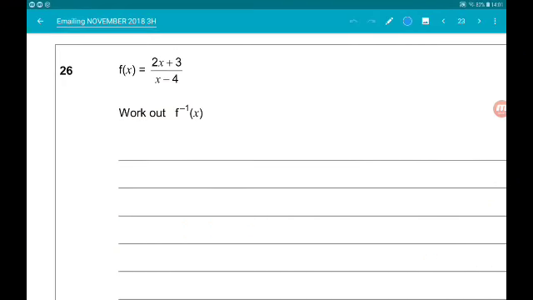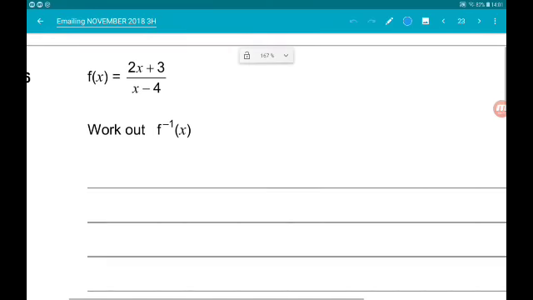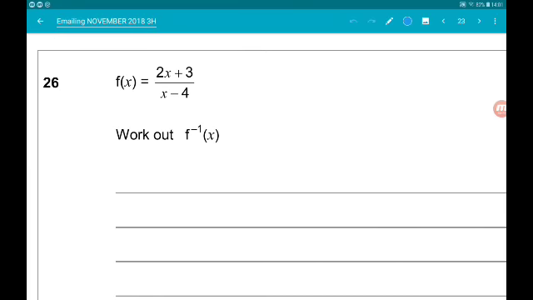Cool. Okay, 26, we've got a mix of functions and rearranging algebraic fractions. So I'll put my functions playlist below and my rearranging algebraic fractions video too. So f of x is 2x add 3 over x minus 4. We want to find f inverse. So a lot of teachers would tell you to call f of x y.